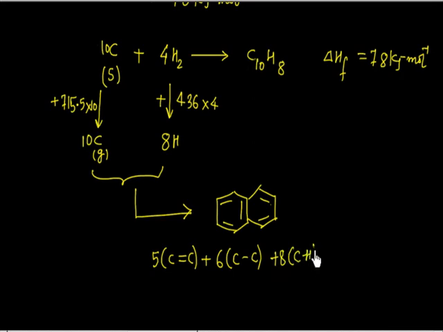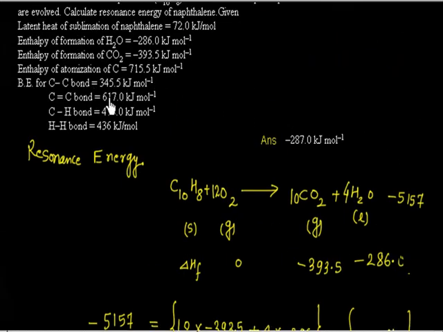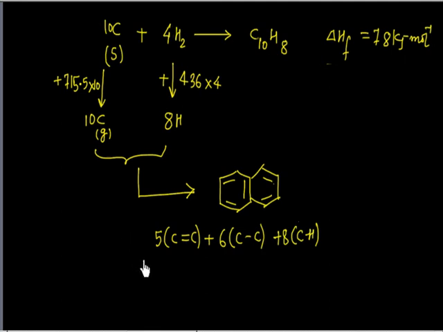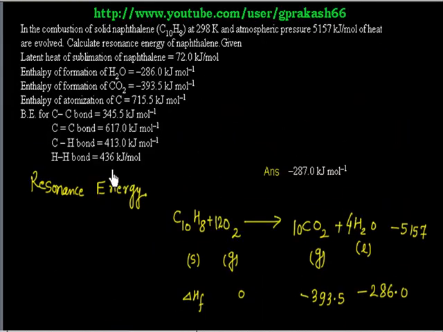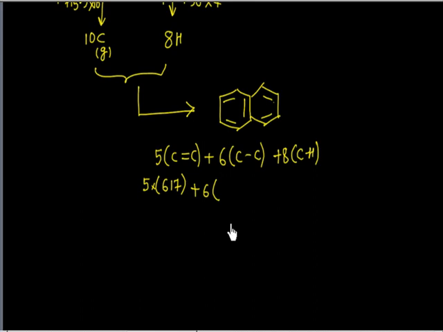So all this energy will be released, because bond formation is an energy-releasing process. The carbon-carbon double bond energy is 617. So this is 5 multiplied by 617, plus 6 carbon-carbon single bonds, which is 345.5.